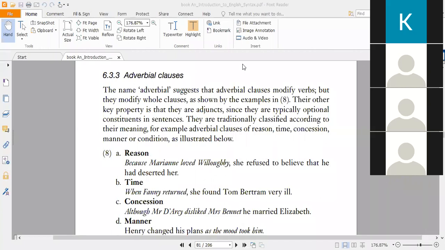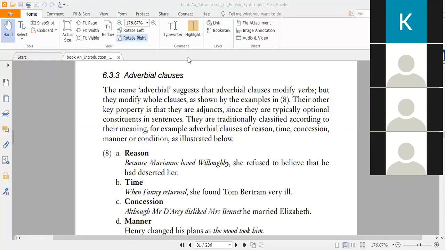Their other key property is that they are adjuncts. They are adjuncts since they are typically optional constituents in sentences, not a necessary part of the sentence.